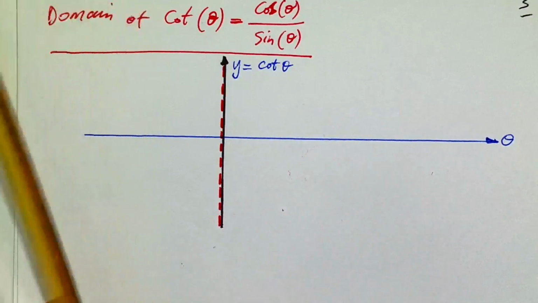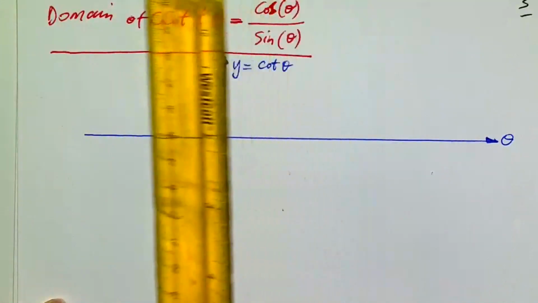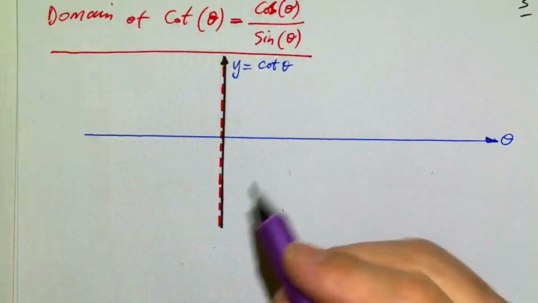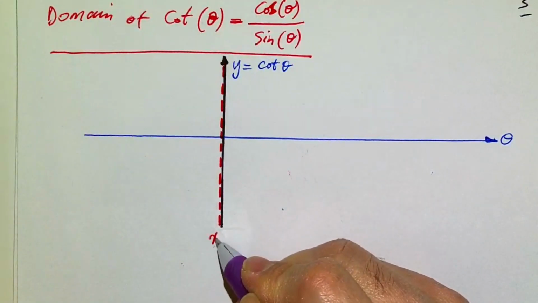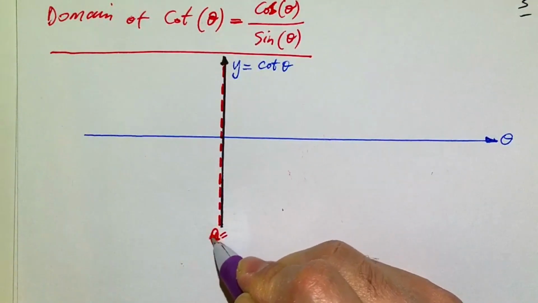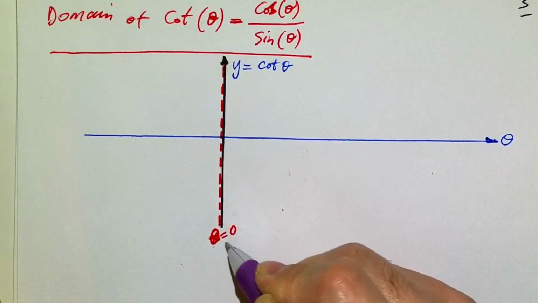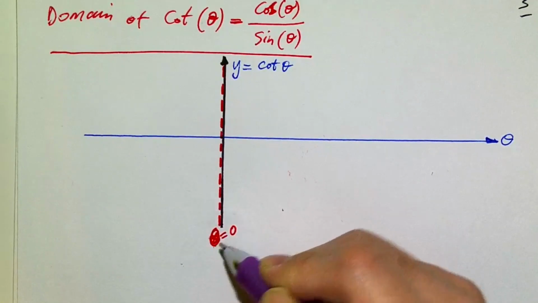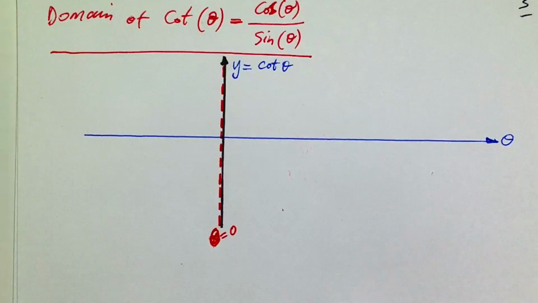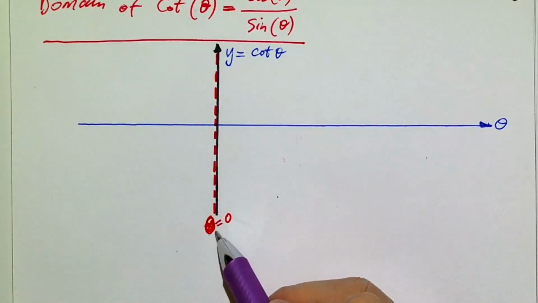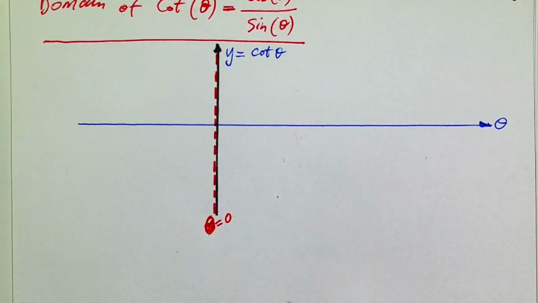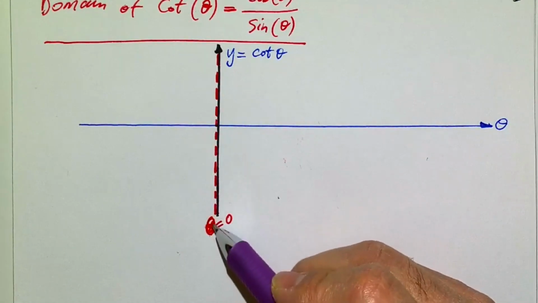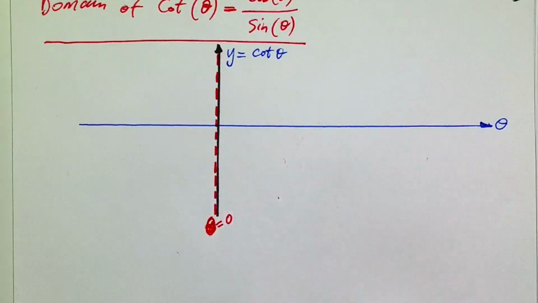And then where will be the other asymptotes? This is at theta equals 0, not x, theta. You can tell I've taught algebra a long time. I will fix this before posting this in Canvas.